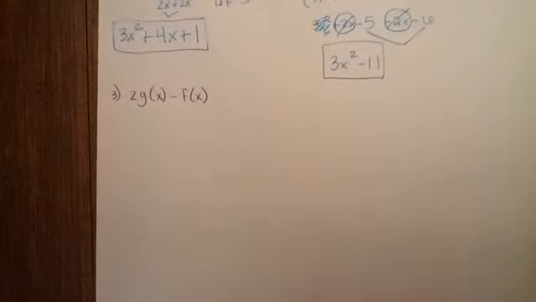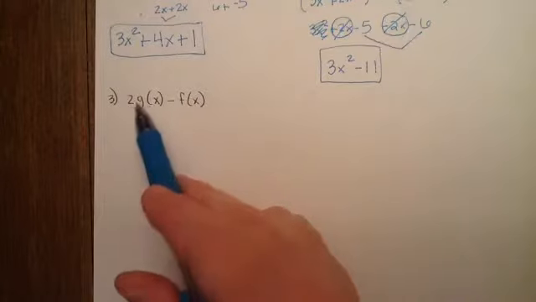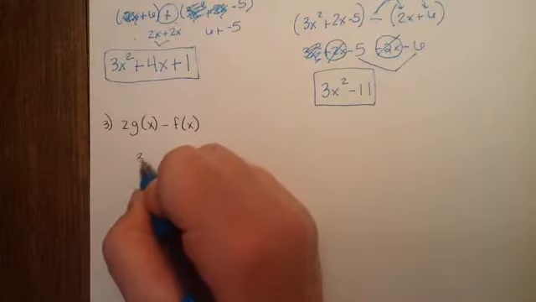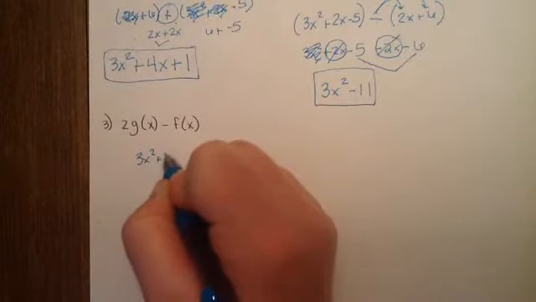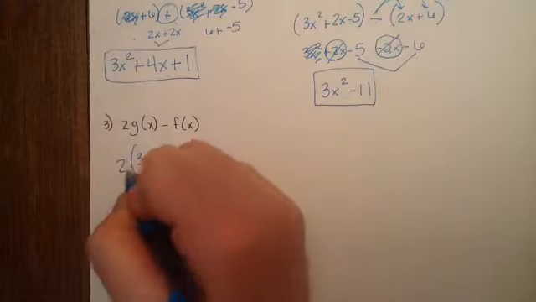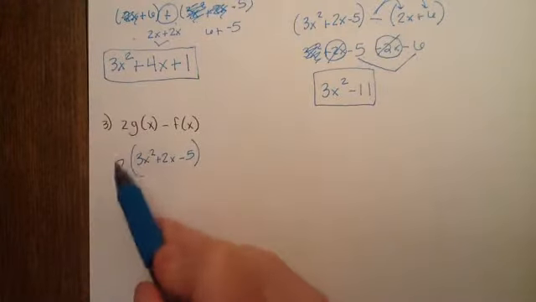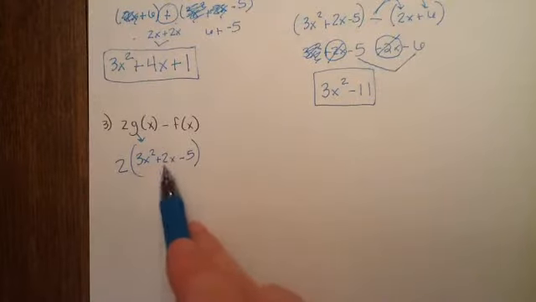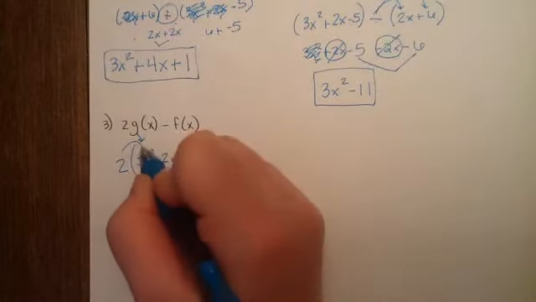This last example wants you to multiply g of x by 2 first. So what is g of x? 3x squared plus 2x minus 5. And it first wants you to multiply by 2. So I'm just looking at 2 times g of x. So I need to multiply every piece in there. What property is that?